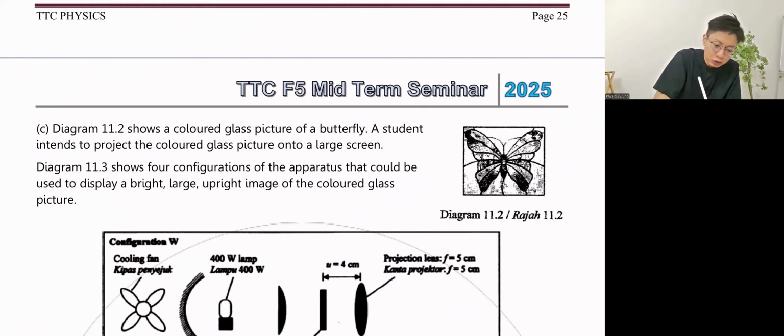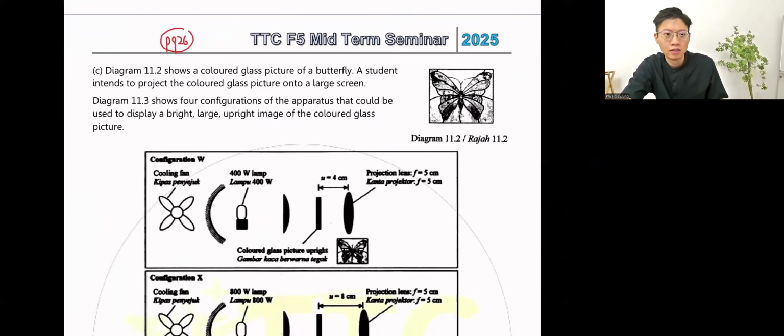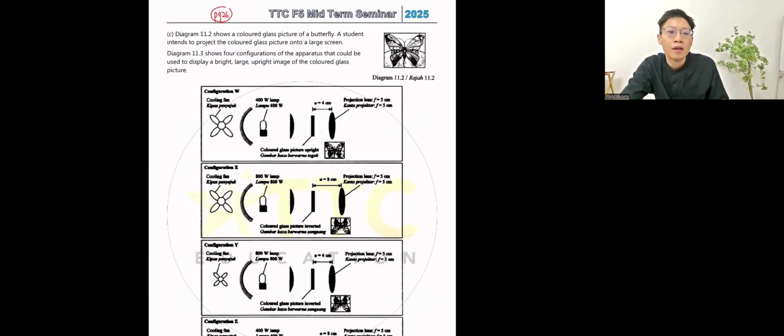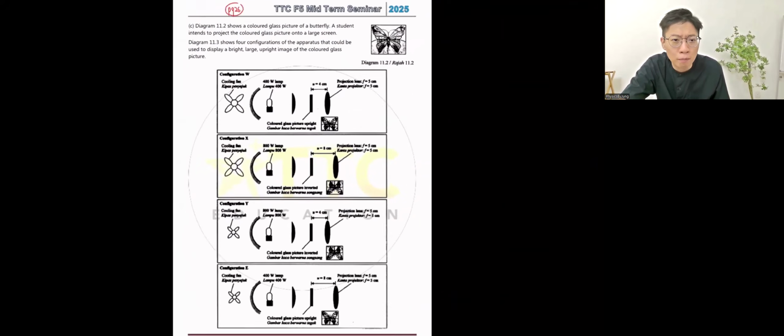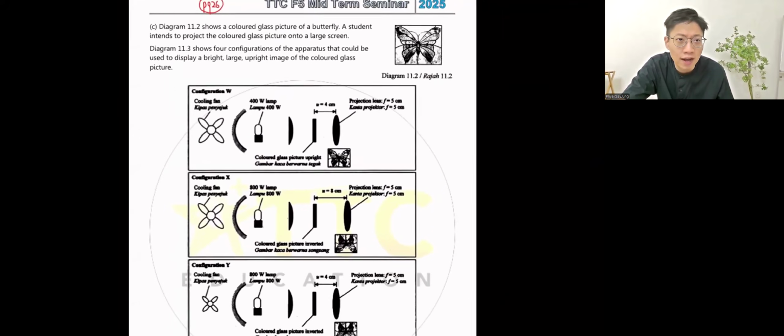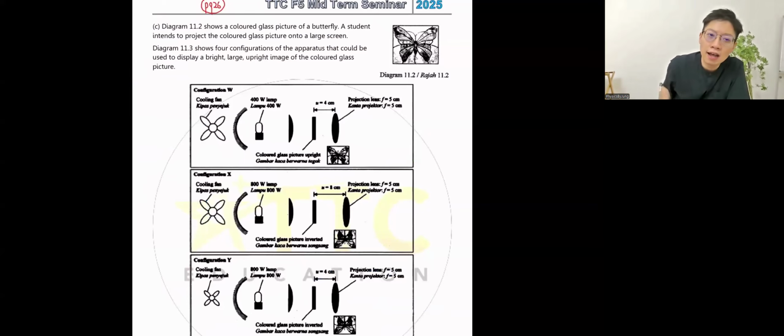Okay, guys, we look at page 26. I promise you I'll talk about it later. We go to page 26 first. I want everybody to look at your book, page 26. I tell you Z is wrong.